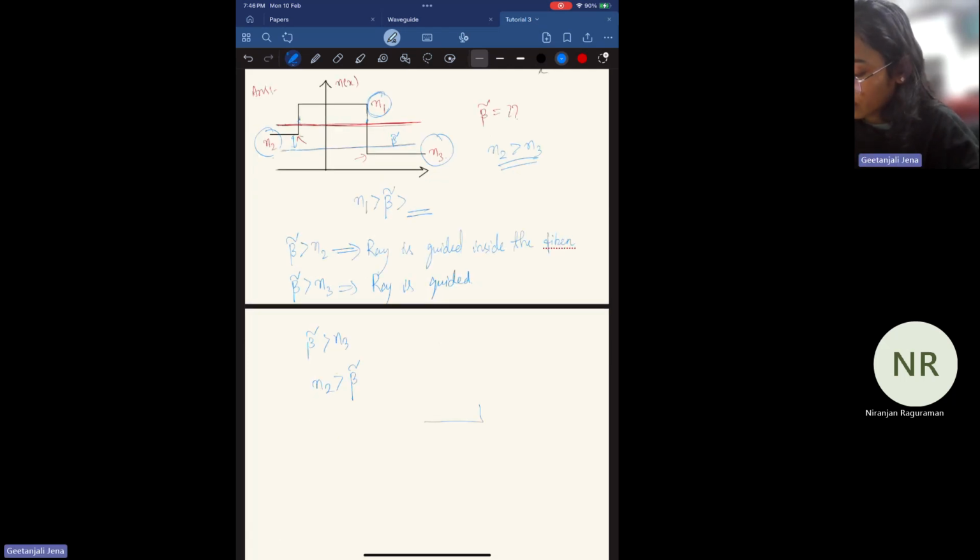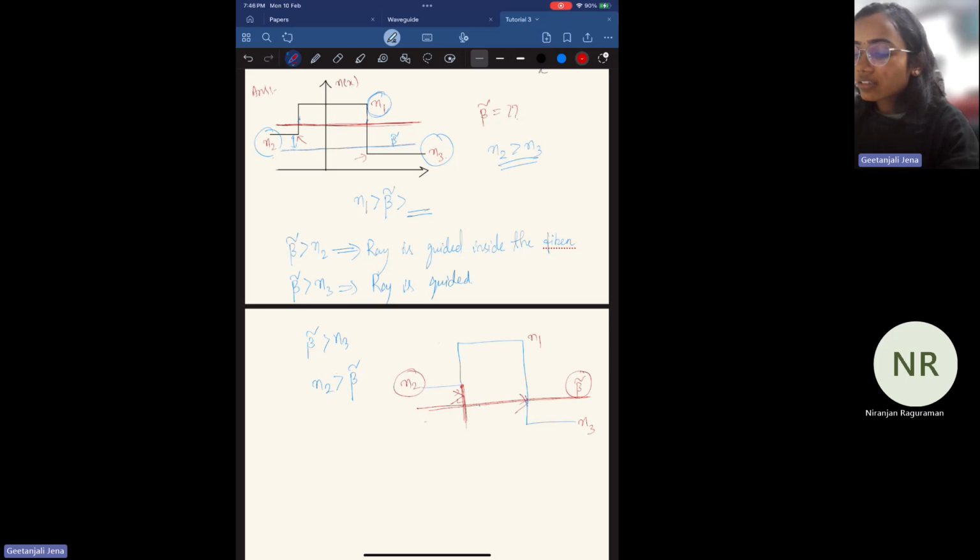For this case, when beta tilde lies here, between N3 and 1, total reflection will occur here, but also in this region, you can see N2 is greater than beta tilde. So that means there is a guided ray here also in this cladding interface.